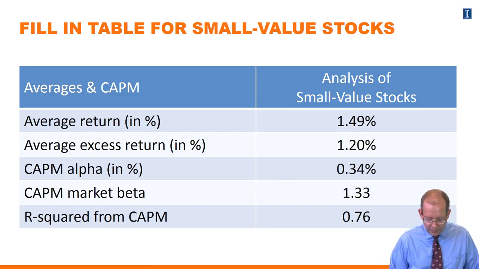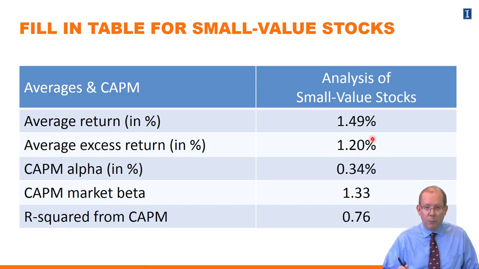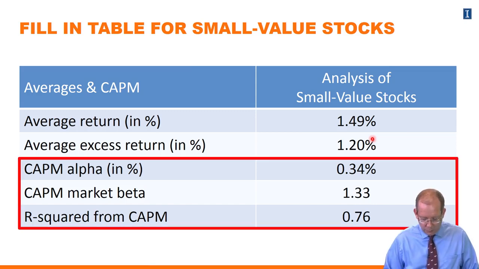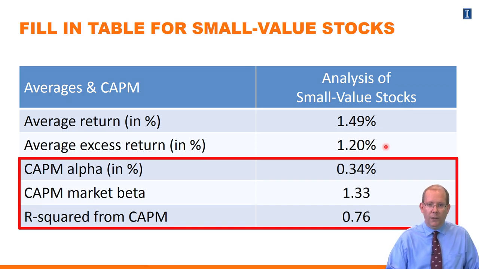So we see this average excess return of 1.2%. When we put it in a CAPM model, we see that the alpha that remains, of this 1.2%, the interpretation would be that 0.86% of this is reflecting the risk of the small value stock investment portfolio.